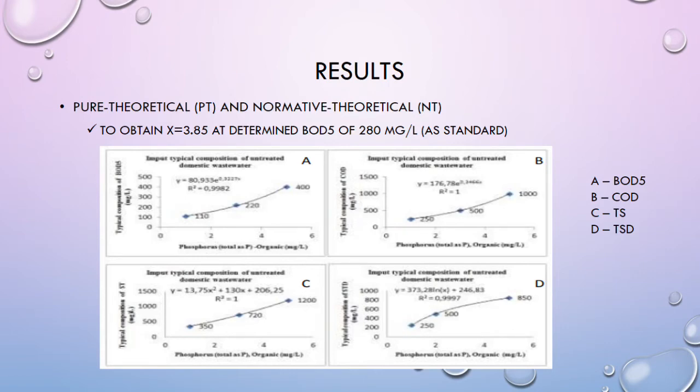The study also could estimate the PT output at a determined BOD5 of 280 mg per liter as standard, and below, the graph shows as input the typical composition of untreated domestic wastewater, which is A is BOD, B is COD, C is TS, and D is TSD.